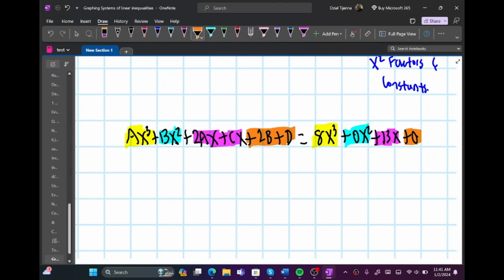Now, if you think about it, guys, this is going to give us the following: a times x cubed plus b times x squared plus x times the quantity 2a plus c, right?